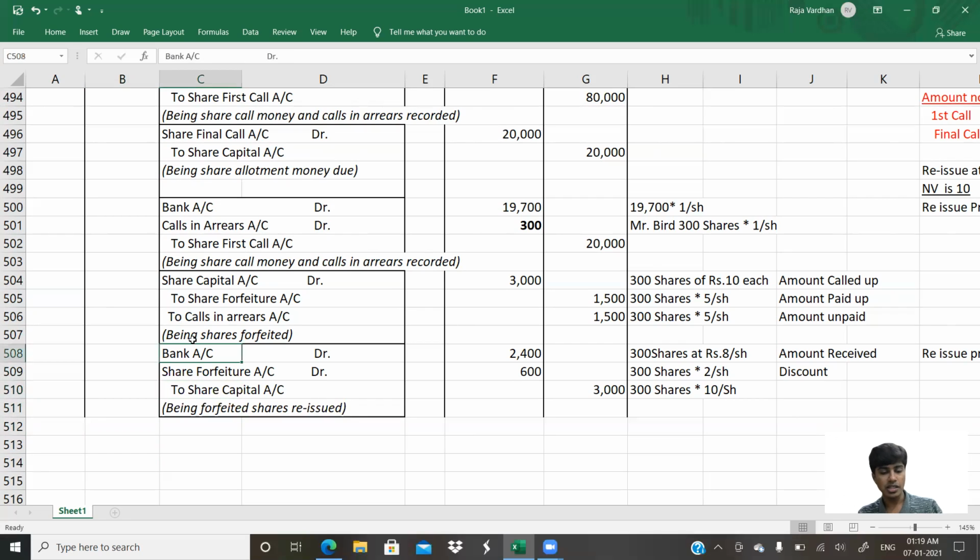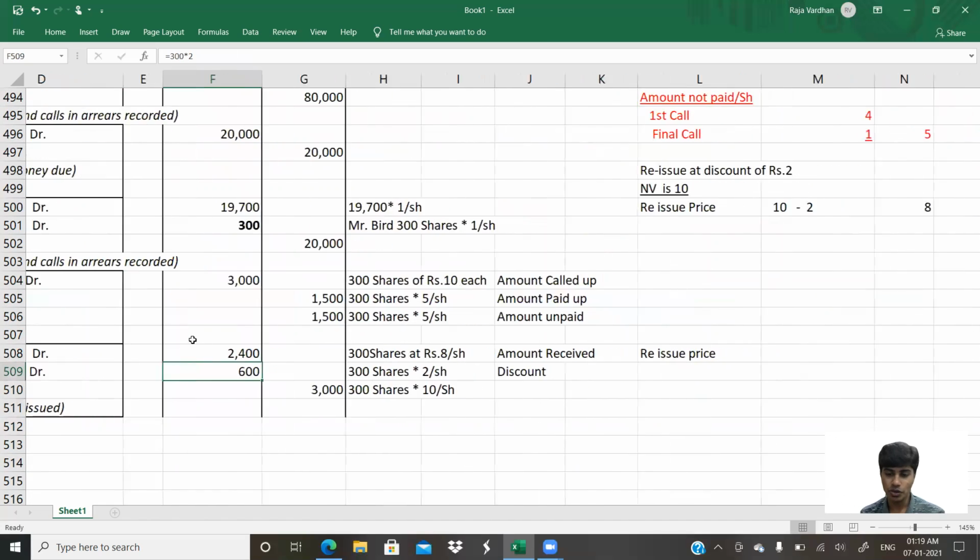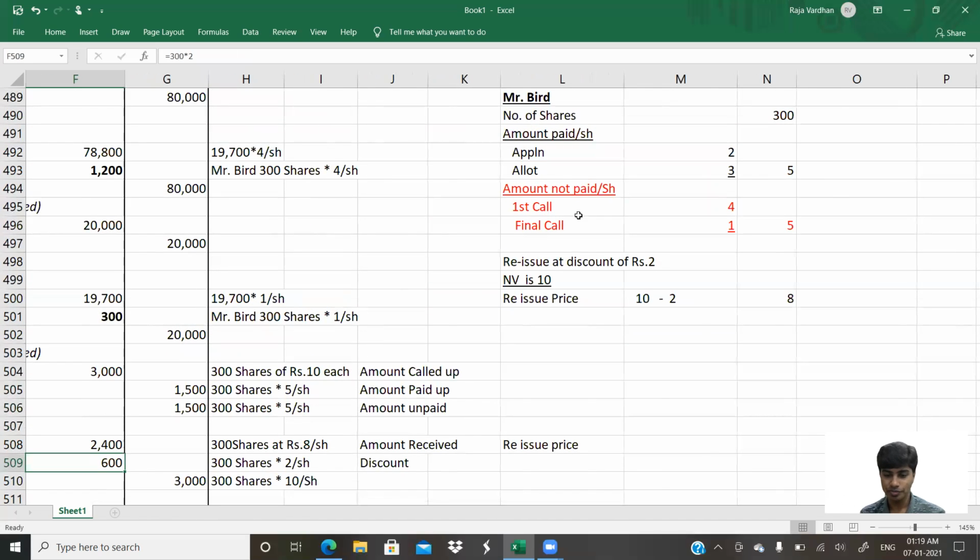Okay. There is share forfeiture account 1500 here. There is share forfeiture account 600 here. So the difference should be transferred to capital reserve. That is profit. You get that? How much is that? Observe carefully. Share forfeiture account credit 1500. Share forfeiture account debit 600. The balance is 900. If you observe carefully, I told you here, the difference should be transferred. How much is it?